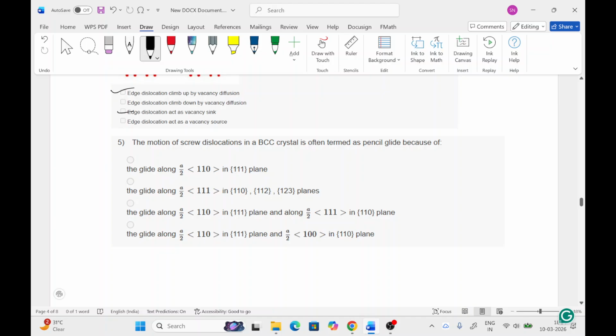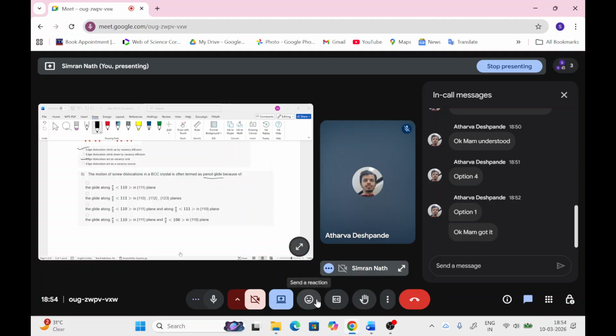Fifth question we have asked: the motion of screw dislocations in a BCC crystal is often termed as pencil glide because of... So pencil glide means the motion of screw dislocation is random.